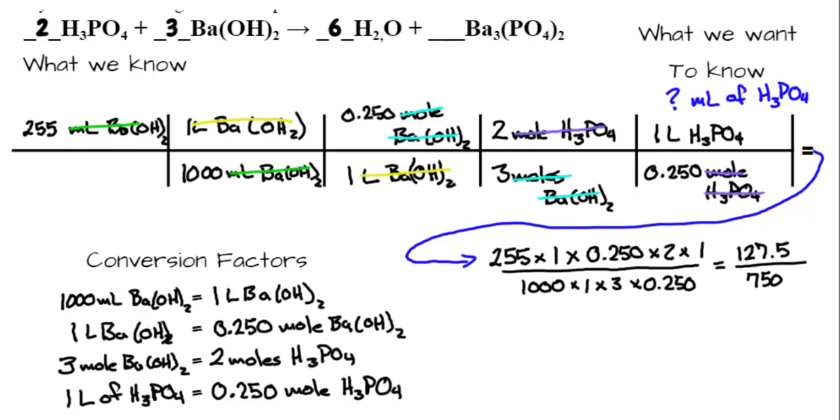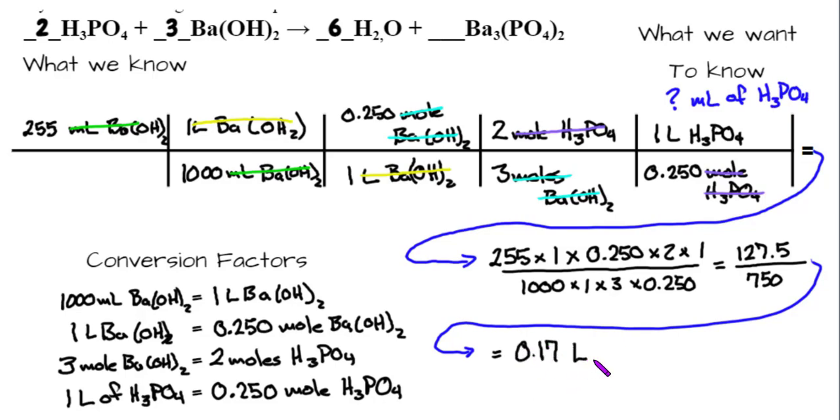When I simplify the top, I get 127.5. When I simplify the bottom, I get 750. When I simplify that a little bit further, I get equals 0.17. In this case, liters of H3PO4.